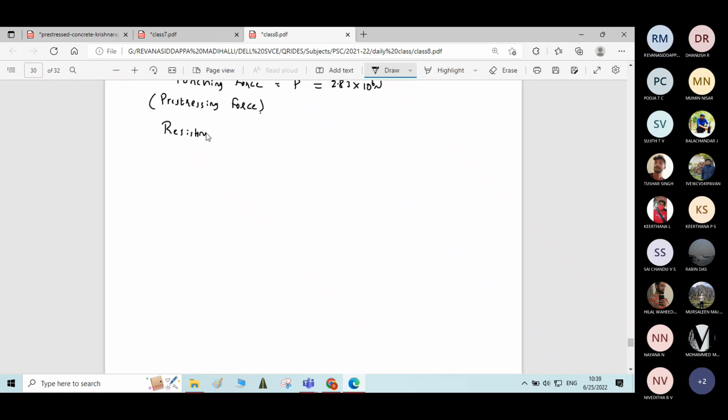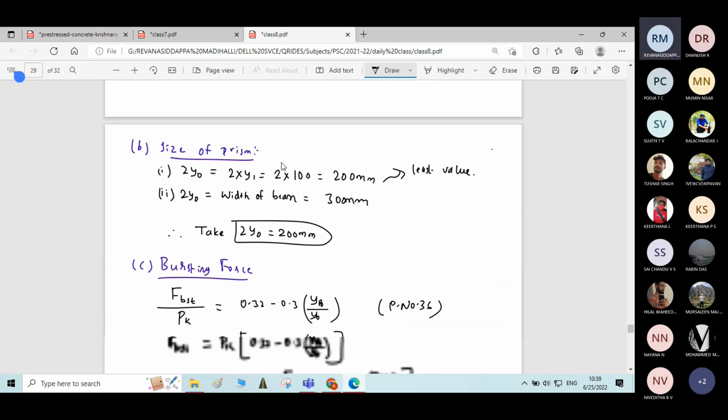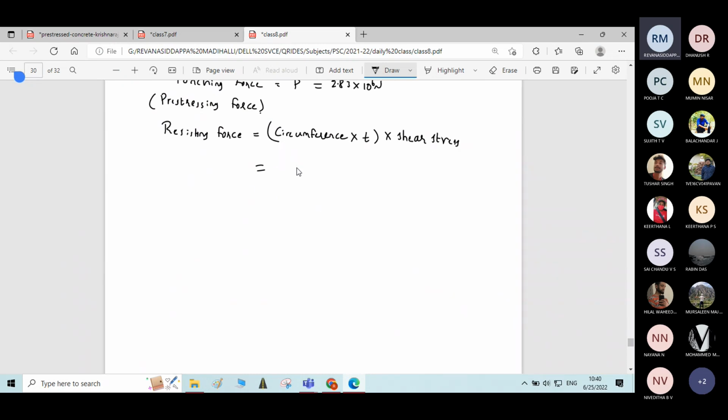Resisting force is equal to, similar to the previous problem, circumference into T into shear stress. Circumference of the duct is pi into D, so pi into D into T into shear stress.